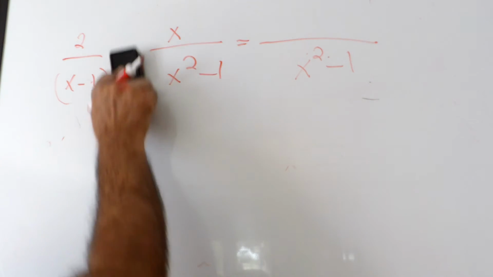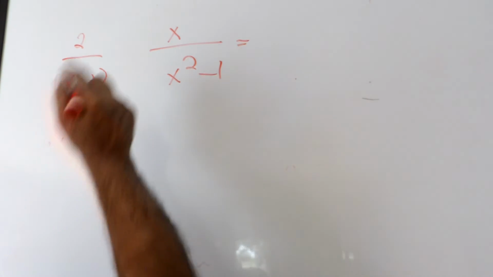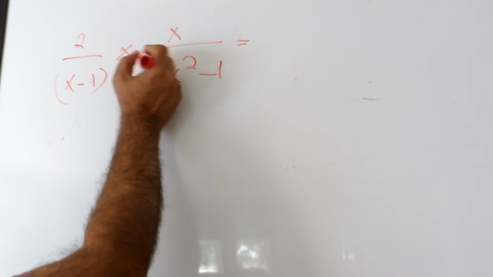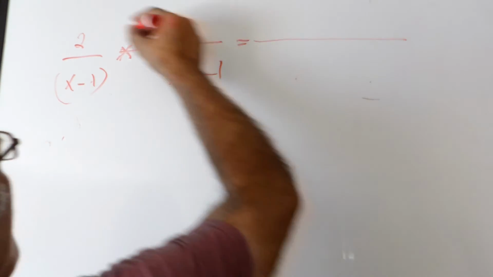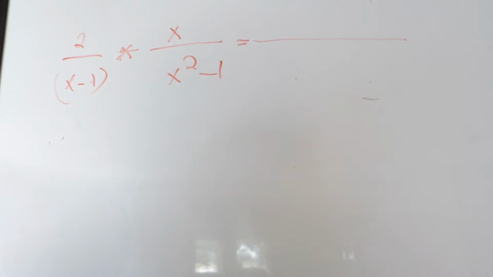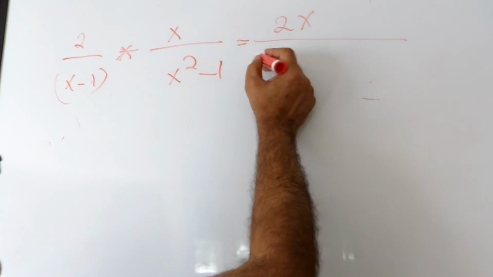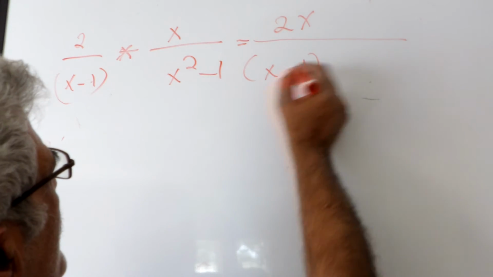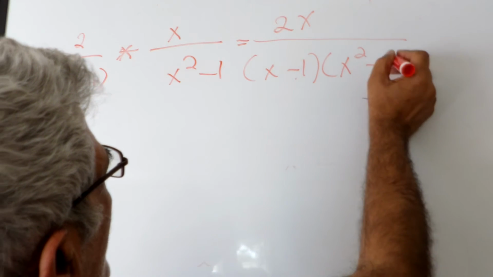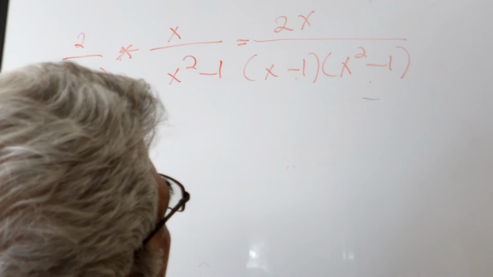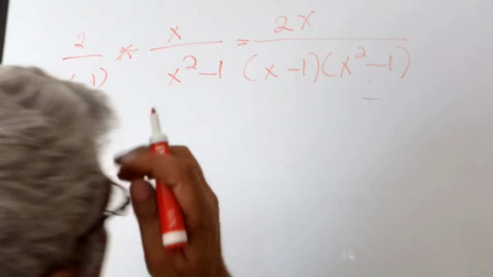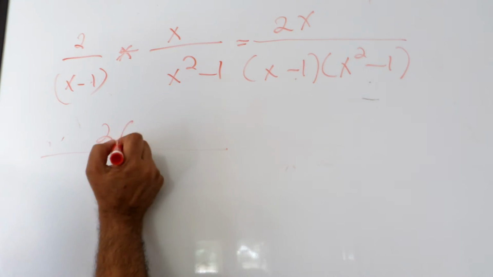Suppose that we have multiplication here. So what we do, we multiply those together, and this one together is going to be 2x, the numerators together, and x minus 1 times x squared minus 1, and it's going to be 2x.